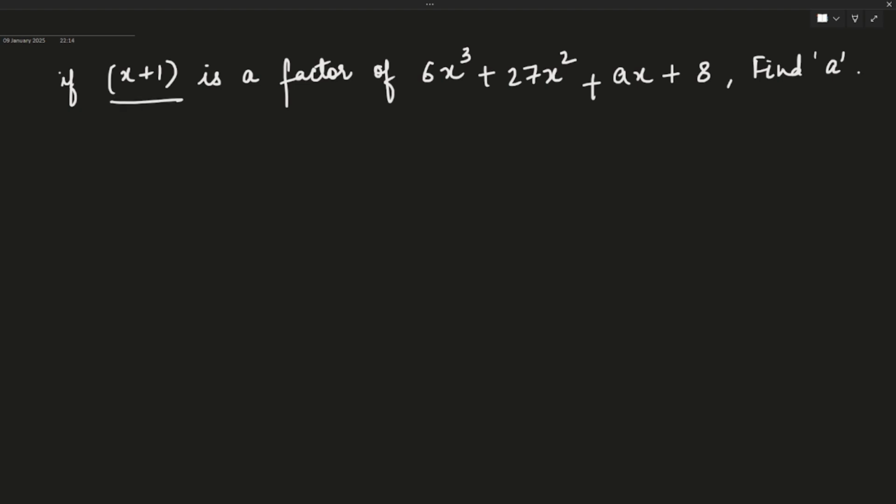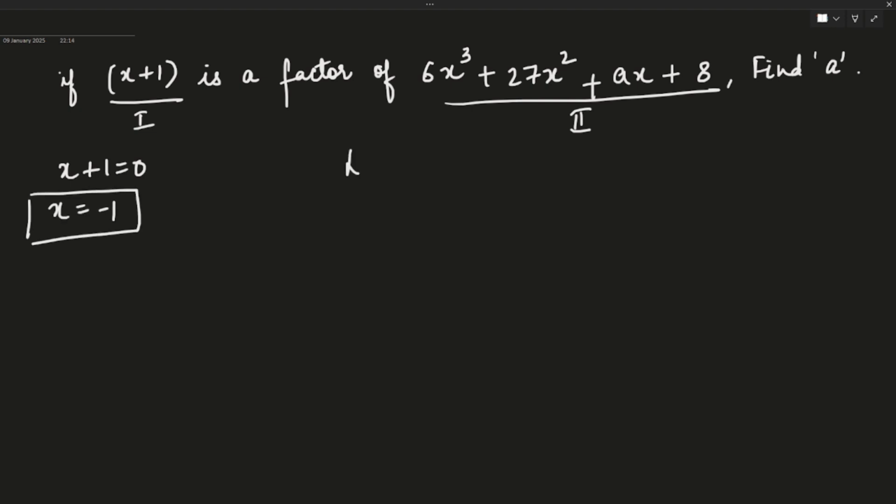We know that the first polynomial is a factor of the second polynomial, so we equate the first polynomial to 0. So x plus 1 is equal to 0, x is equal to minus 1. Let f(x) equal this polynomial. By factor theorem, f(minus 1) will be equal to 0.